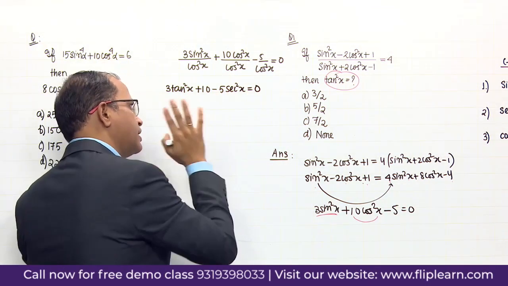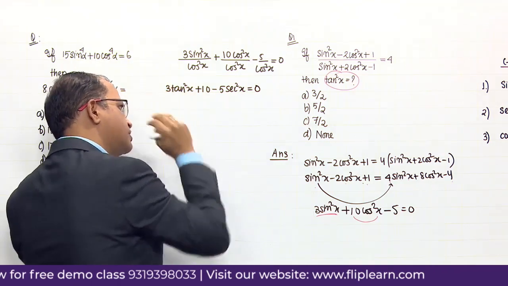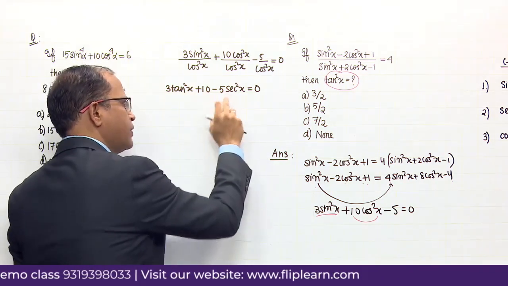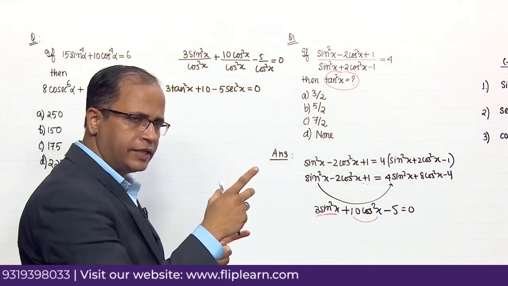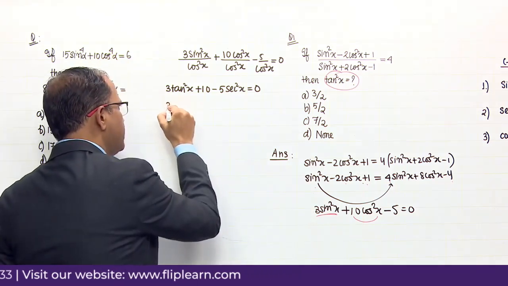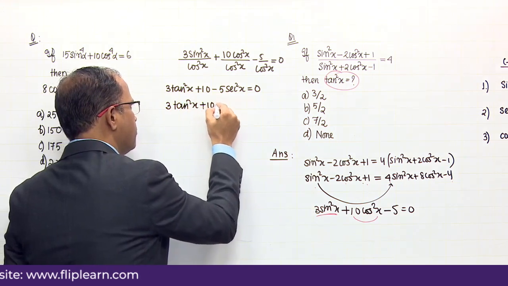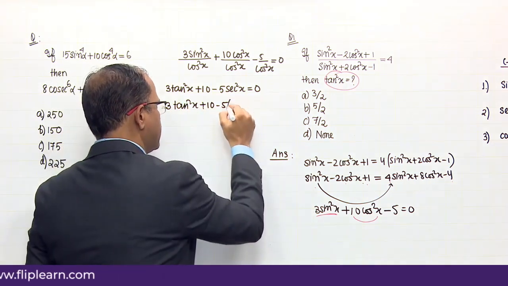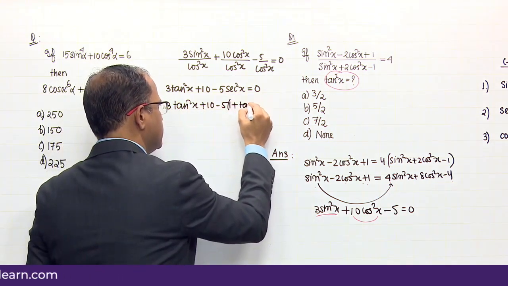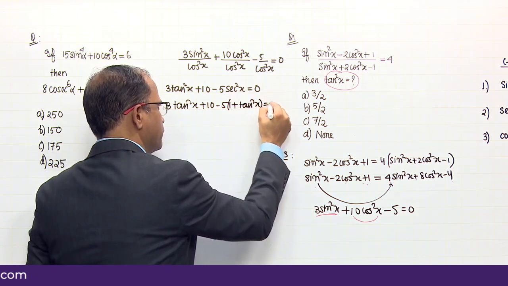This is very important. I think you have reached the right point now, because secant square x we can write as 1 plus tan square x, right? This is one identity. So 3 tan square x plus 10 minus 5 times 1 plus tan square x is equal to 0.